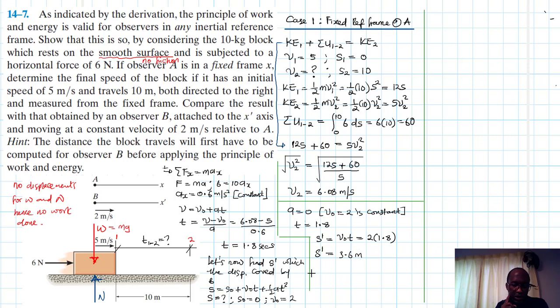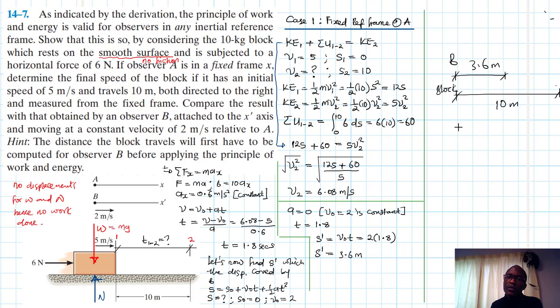So this is the distance that will have been covered by B, as the block covers 10 meters, right? So we are saying B will cover a distance of 3.6 by the time this block covers a distance of 10 meters. This is what we are saying.